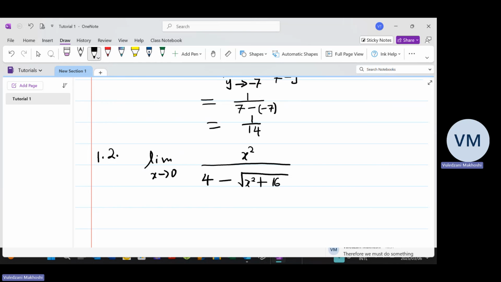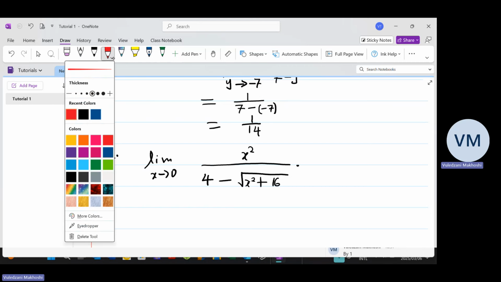In this case, we are going to multiply by 1. Let me put it like this. So this one is governed by what we have here.